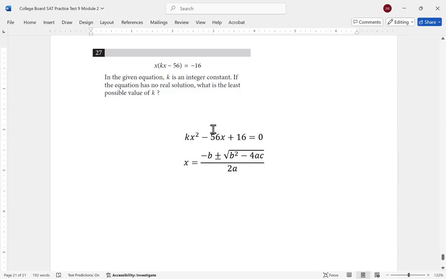Now, the only way we get no real solution is when this part under the square root is negative. So no real solution if that part under the square root is less than 0.